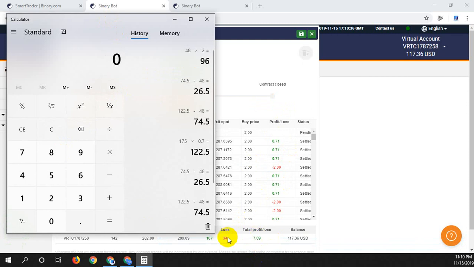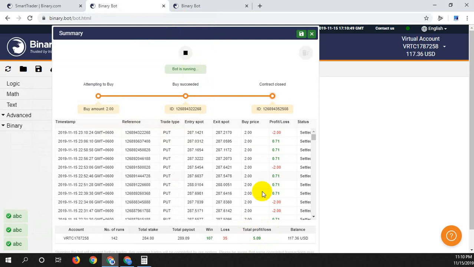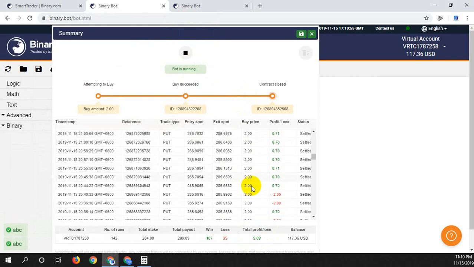So 107 wins and 35 losses. So now the profit is just $5. So if you want, you can stop now, then you can receive this 5, because if you have just $20, that's enough for trading.